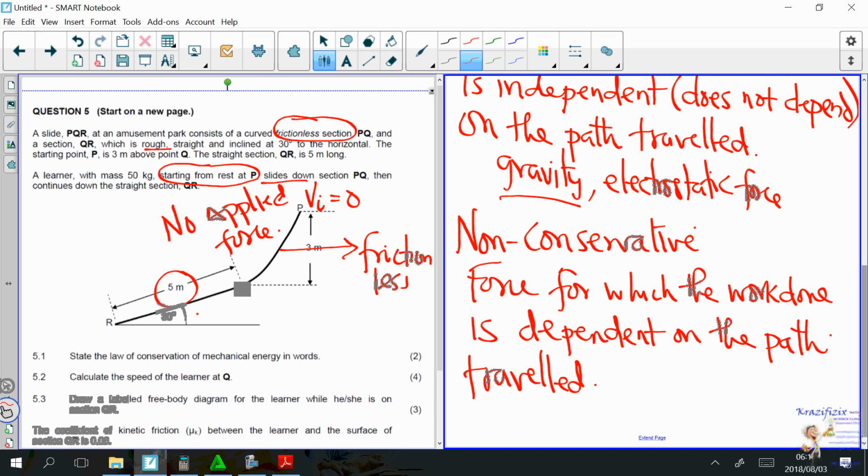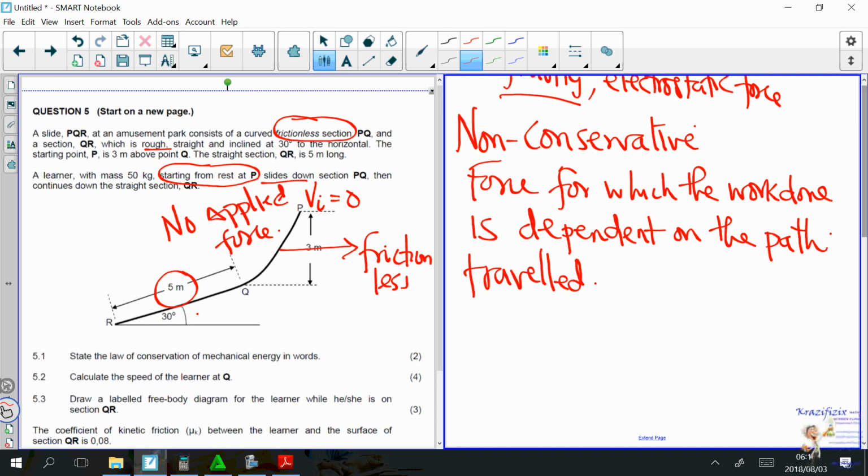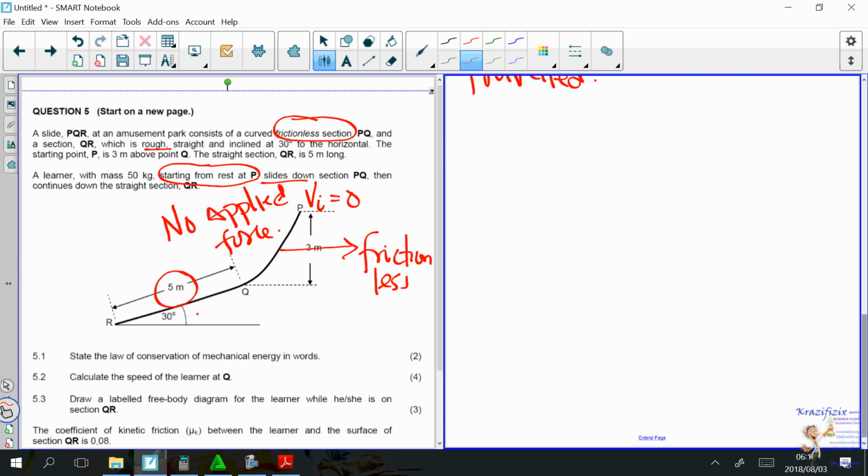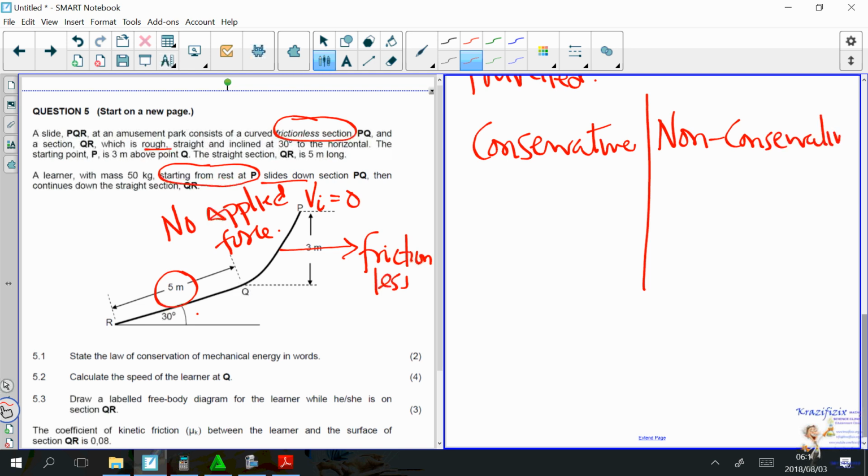Now, guys, here is my expensive joke. When you talk about conservative, you talk about reserving stuff. When something is non-conservative, you have abundance.